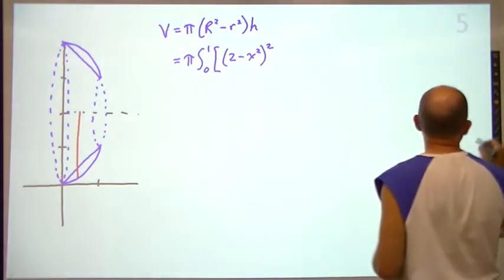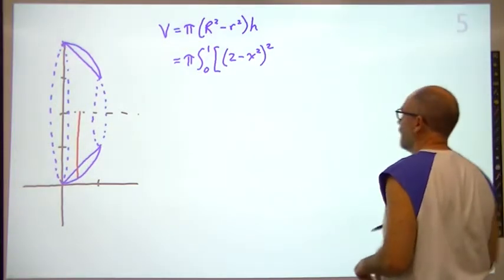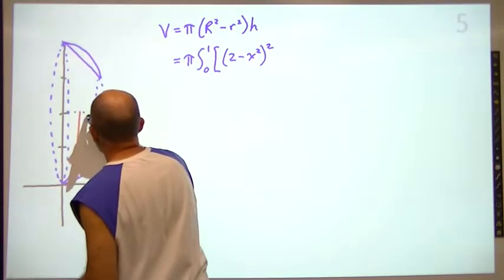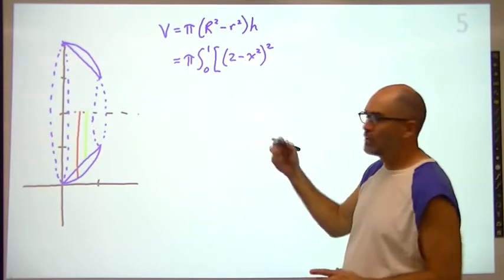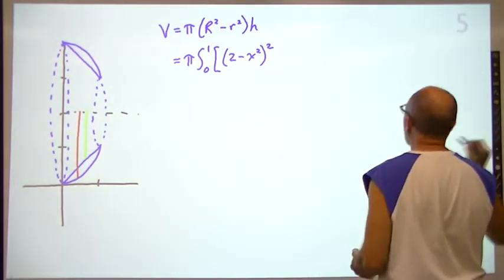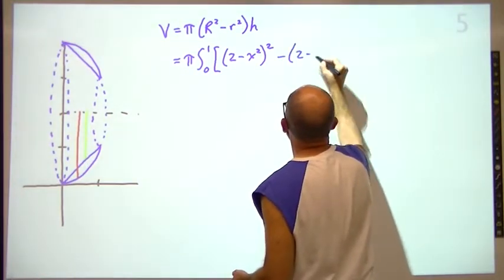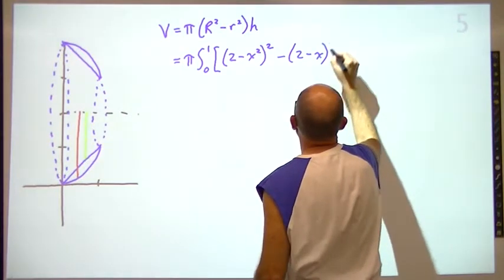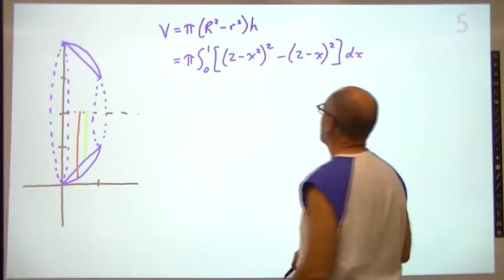Now, I want my small r, so that's going to be the distance from the axis of rotation to the inner function. And so my small r is going to be 2 minus x squared, dx.